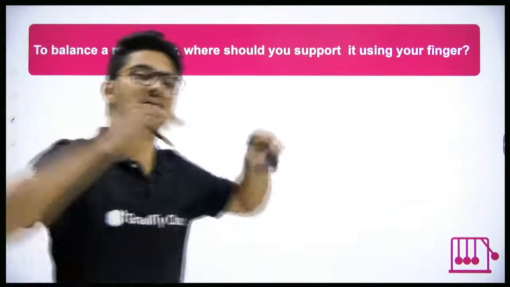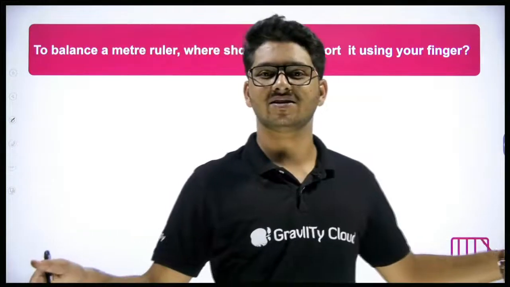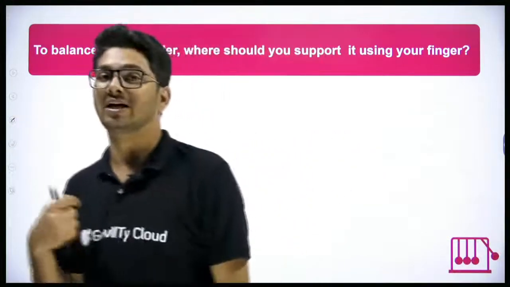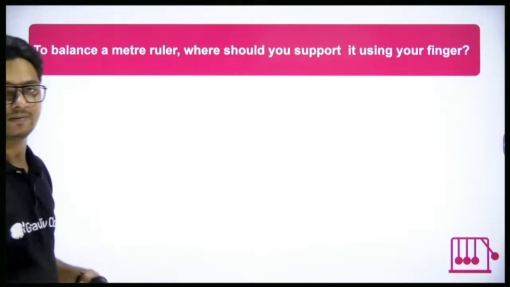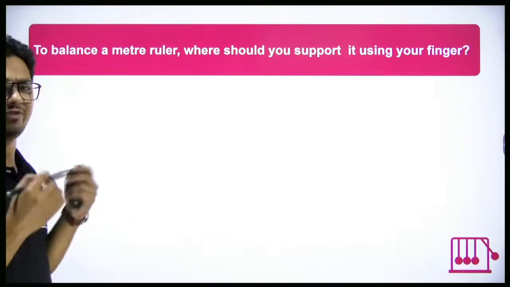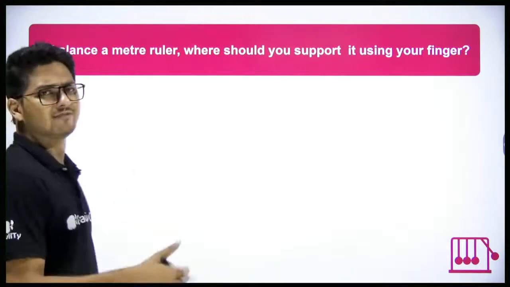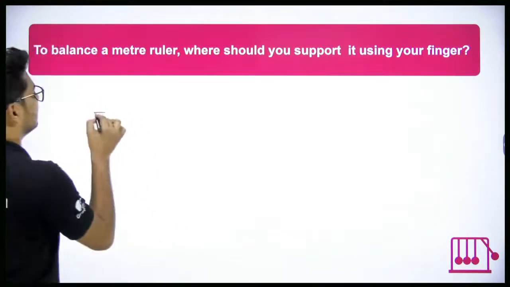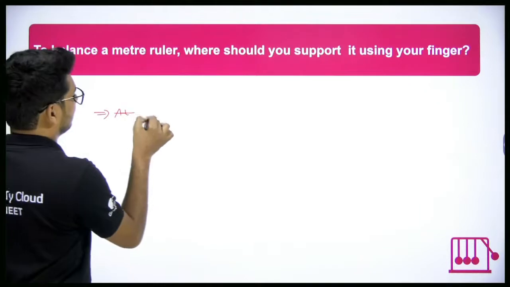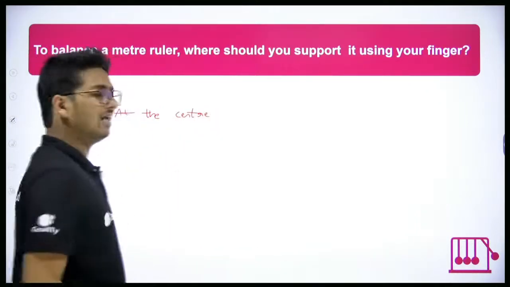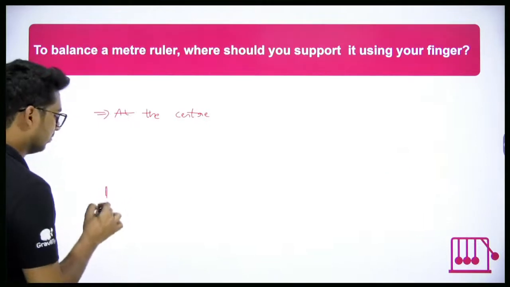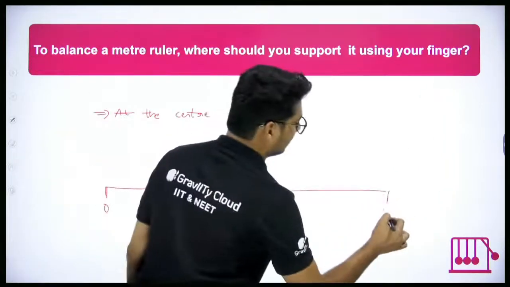So what is its length? Its length is a meter. Generally we place the finger at the center. We know that from our experience. And when I say 1 meter, here you'll have 0, and 1 meter is 100 centimeters.